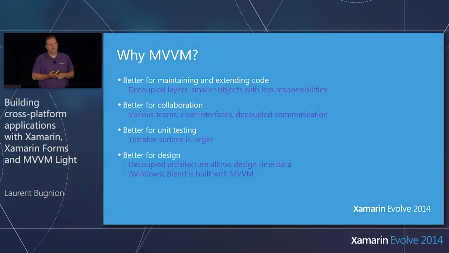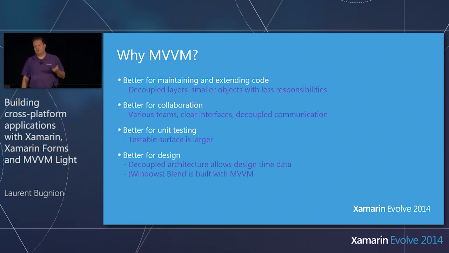So in bullet points, it is better for maintaining and extending your code because you have some smaller layers, some clearly defined roles, and you have a clear decoupling between those layers. So you can really work quite independently on each of those layers.